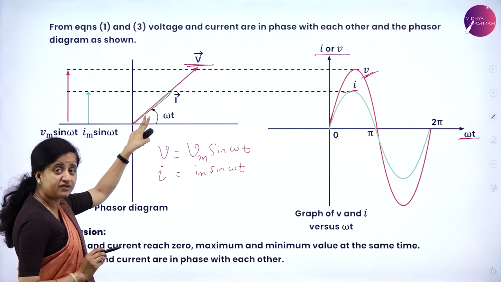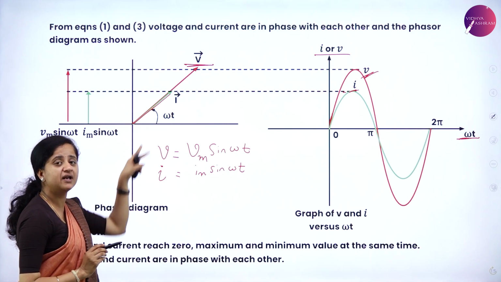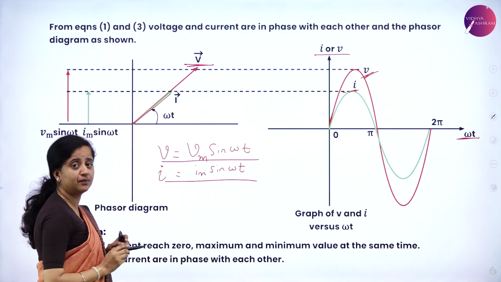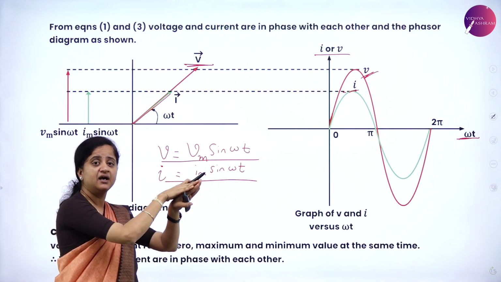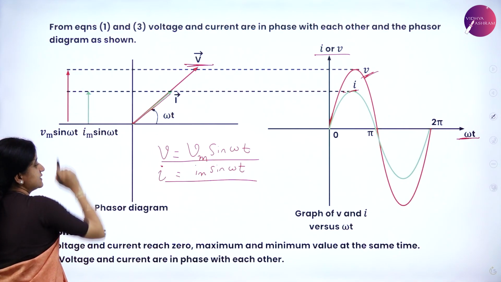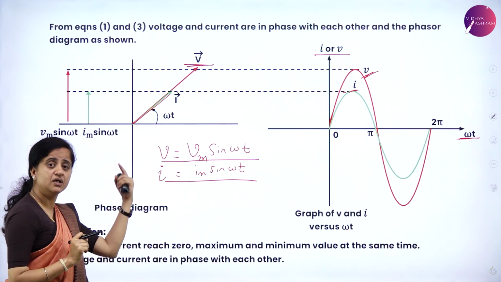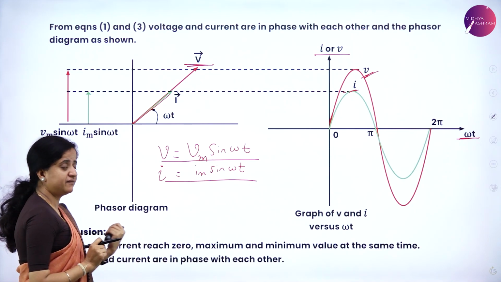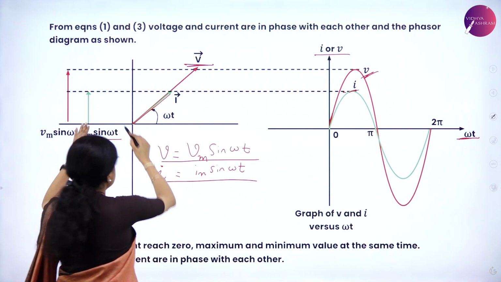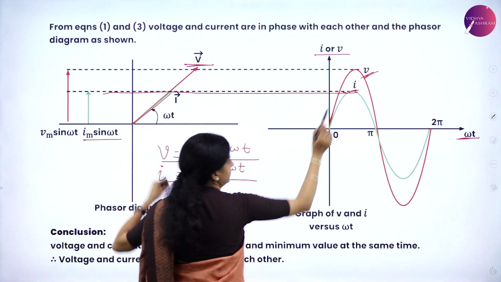Why is there no difference between them? Why are they overlapped with each other? Because there is no phase difference in these two equations, hence they are overlapped. The projection along the vertical axis gives the instantaneous value, as we studied in the previous slide. The green line gives the instantaneous value of current, because it is the projection of this peak.